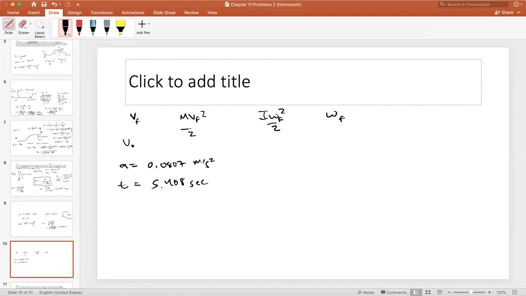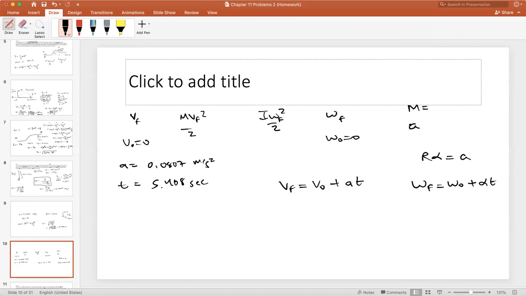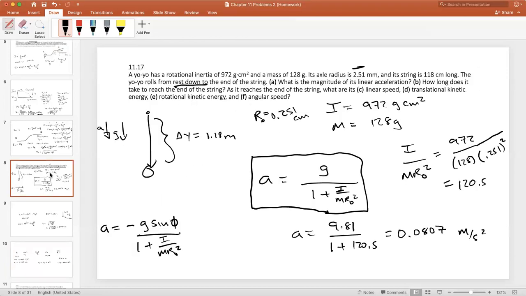We know that v initial was 0. We know that omega initial was 0. We have that v final is equal to v initial plus a t, and we have omega final is omega initial plus alpha t, but we also have that R times alpha is equal to A. And just a quick recall, m and R from the problem statement, make sure these are in kilograms and meters now, so our units are consistent.